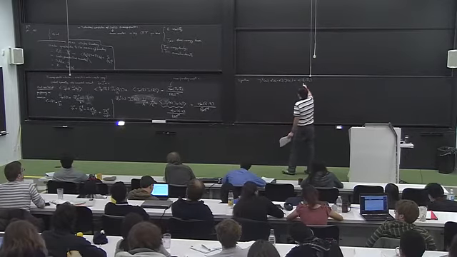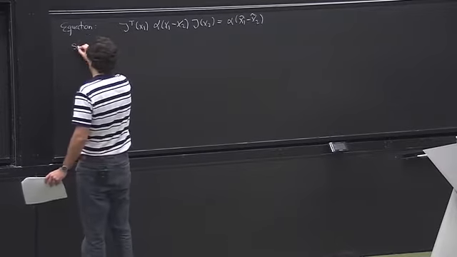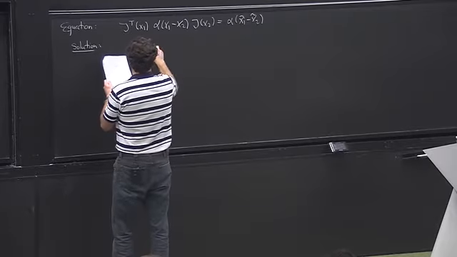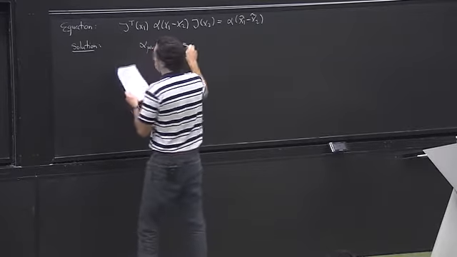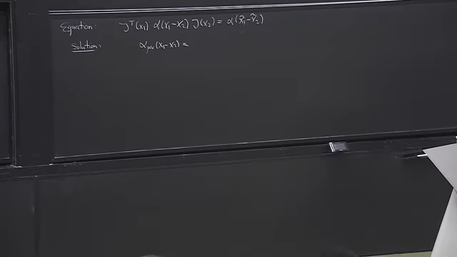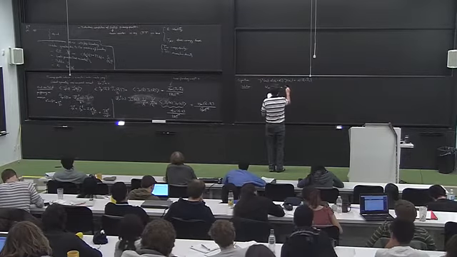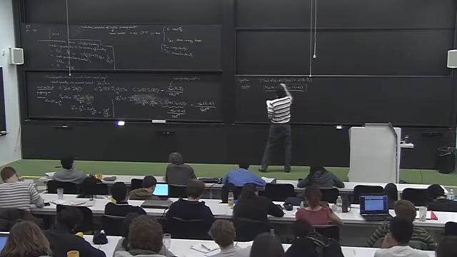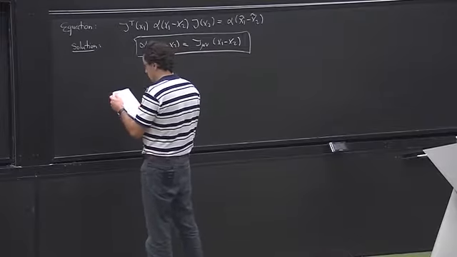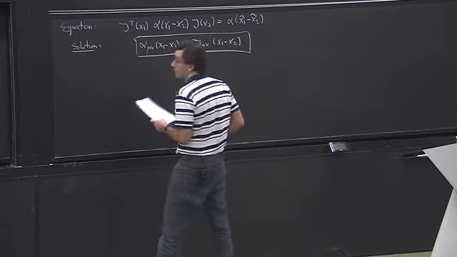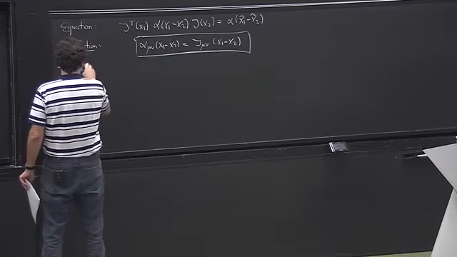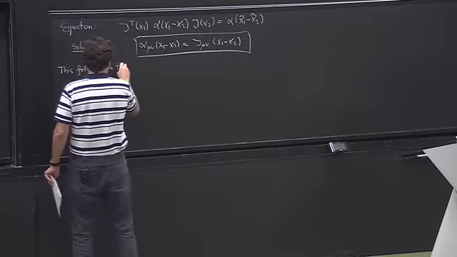And now what I'll claim is that the solution to this equation is actually to take alpha mu nu of x1 minus x2 to be precisely this tensor. And we will check. So this will have to be I mu nu of x1 minus x2. Okay. And the reason that this is true is that this follows from the following identity.